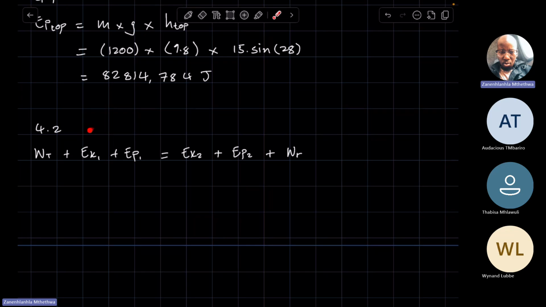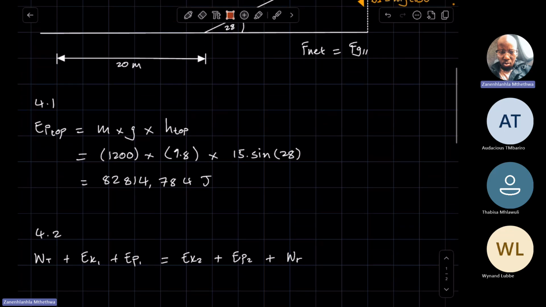That is why contextually this one must be on the left hand side. Some work has to be done for the object to start moving up the incline.